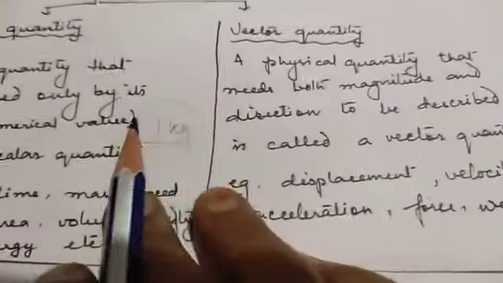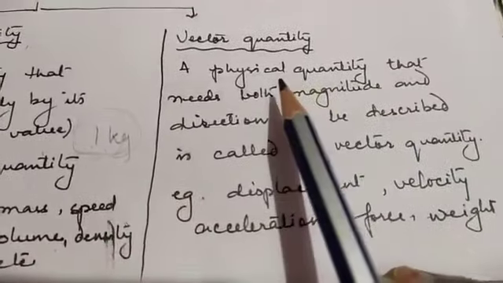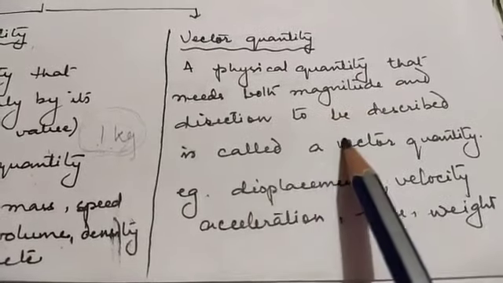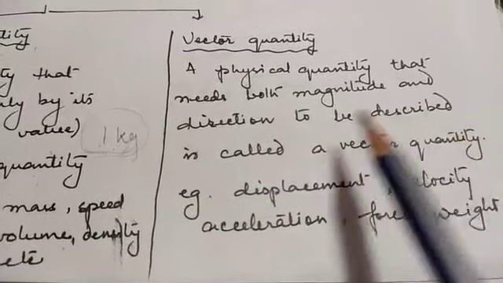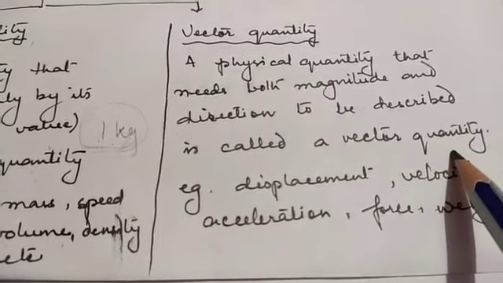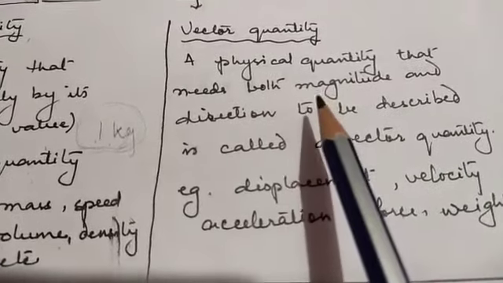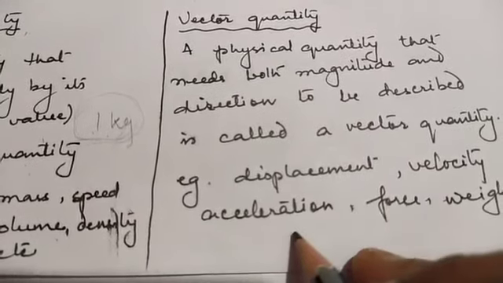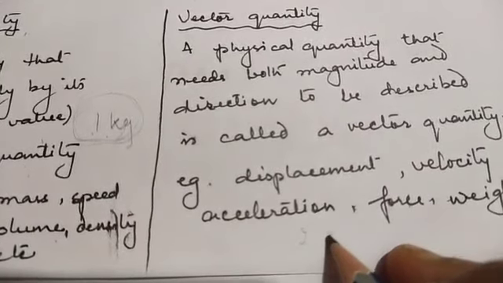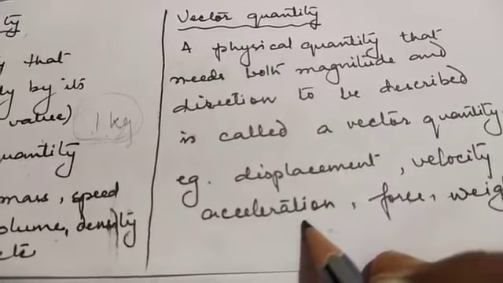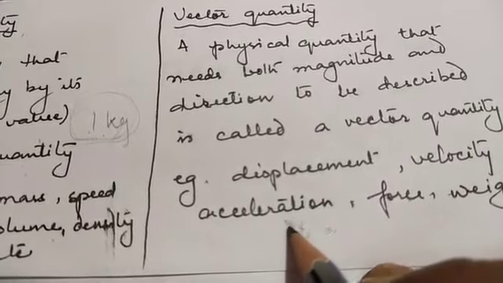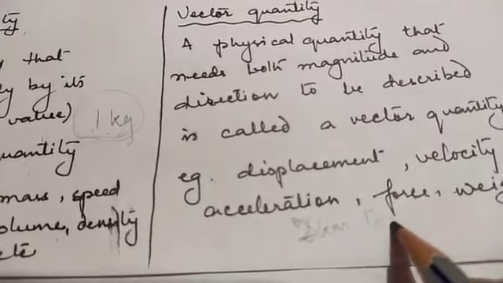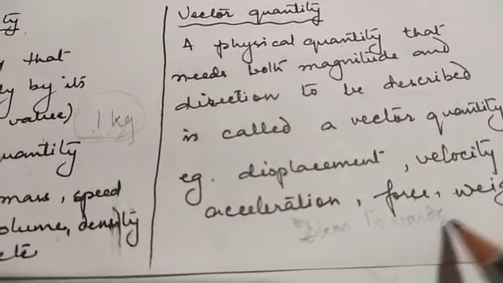Now what is vector quantity? When a physical quantity needs both magnitude and direction to be described, it is called a vector quantity. Suppose I say that I am walking for 2 kilometers towards north.